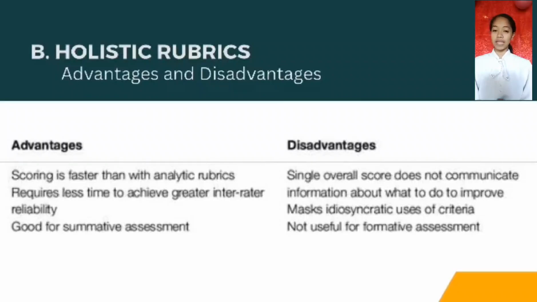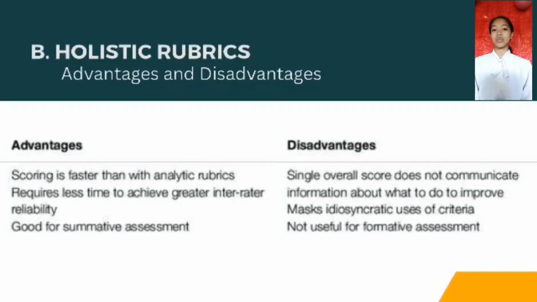So next are the disadvantages of holistic rubrics. Number 1, a single overall score does not communicate much. In your whole performance, only a single score is provided.